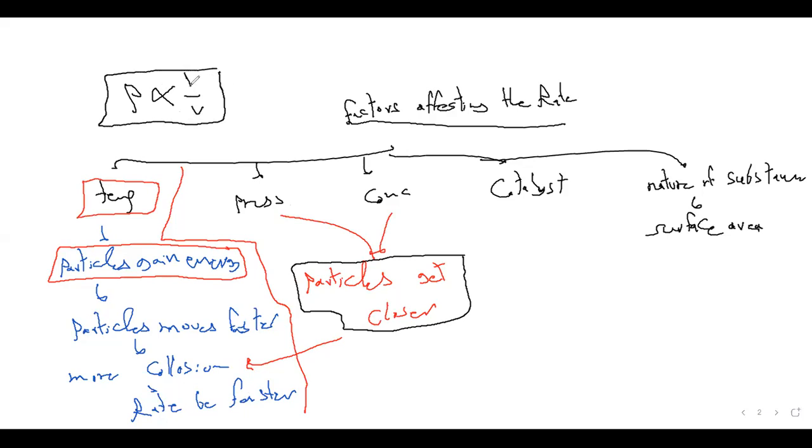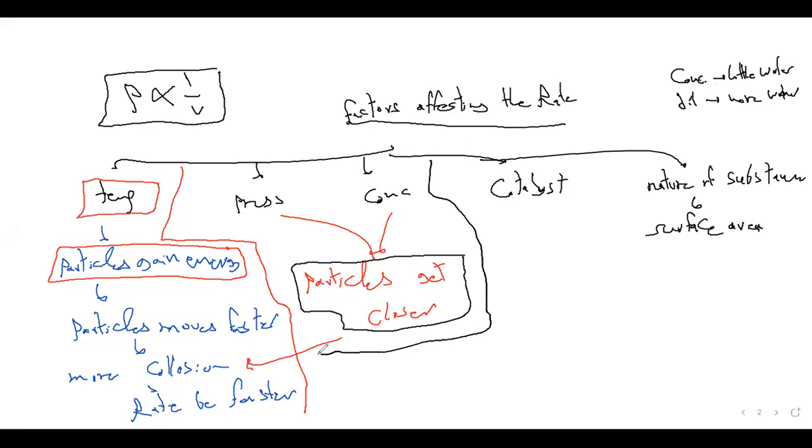So increasing pressure means decreasing the volume. This means that particles get closer. And for concentration, what is meant by concentrated? Little amount of water. What is meant by diluted? More water. This means that in concentrated solutions, particles are close to each other, more collisions and faster rate of reaction.